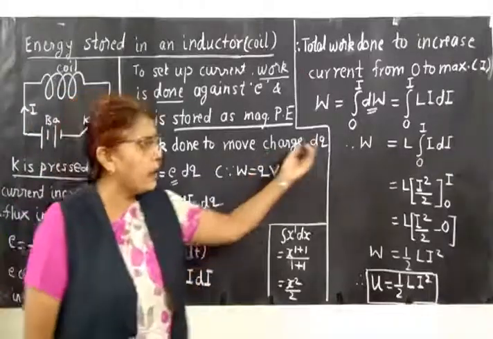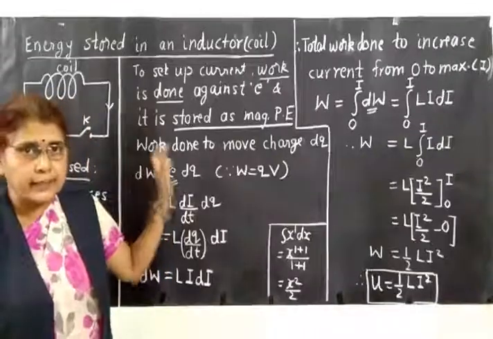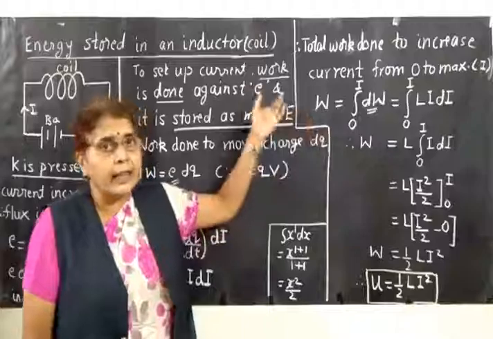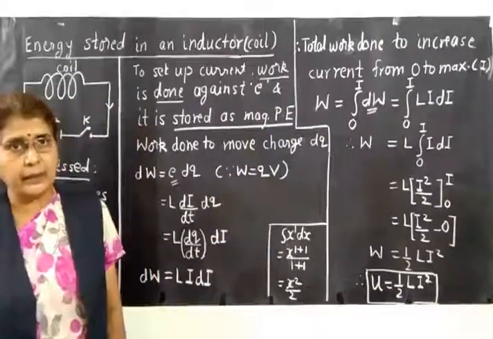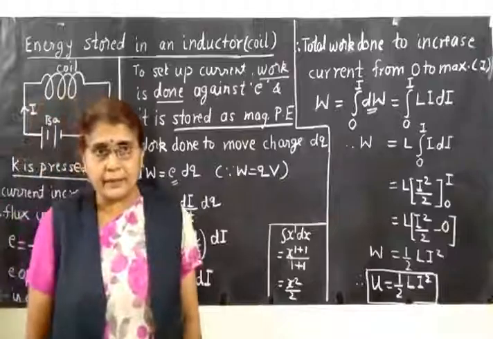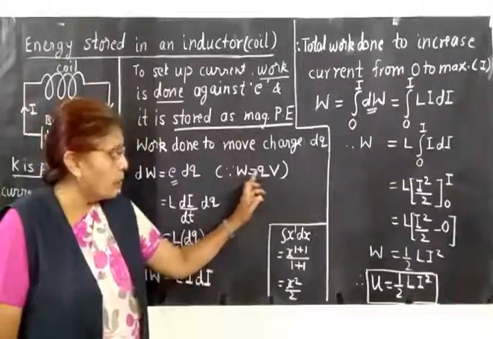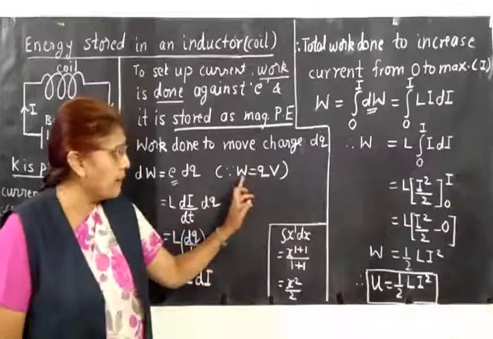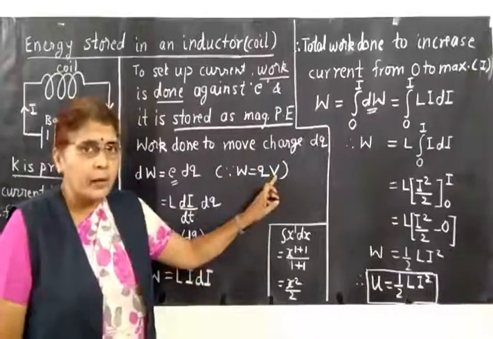So we shall take a small charge dq and find out how much work is done to move a small charge dq against the induced EMF. Now in the second chapter, potential and capacitance, you had seen that the work done to move a charge q under a potential difference V is given as W is equals to Q into V, charge into the voltage.